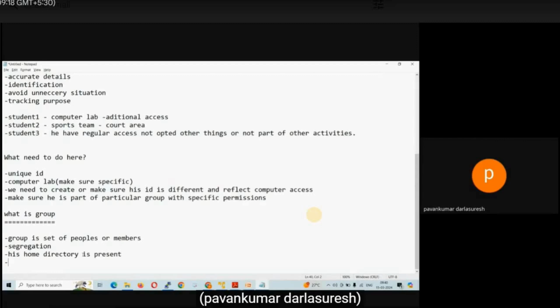But the current address is maybe a temporary address, maybe for your education purpose, or for job purpose, or your college or hostel, whatever it may be. There is some specific reason you are staying in that particular area.